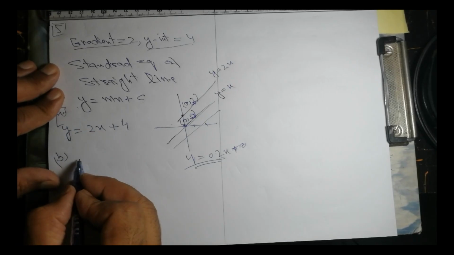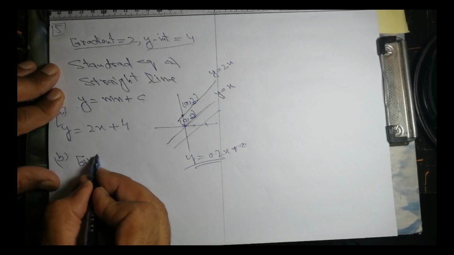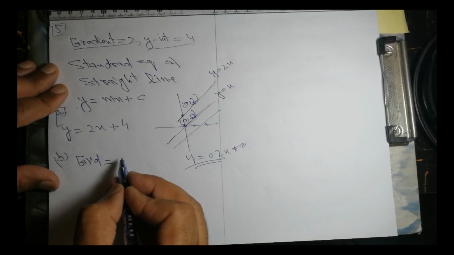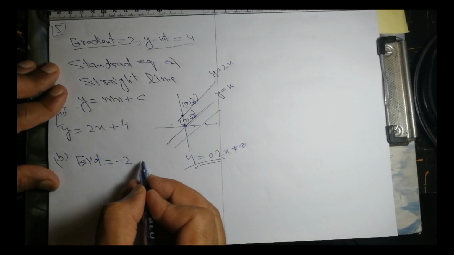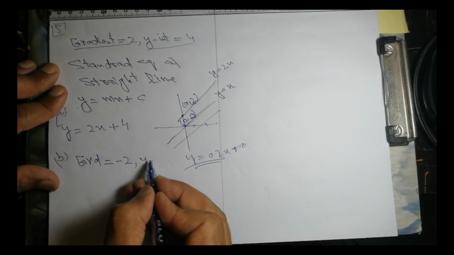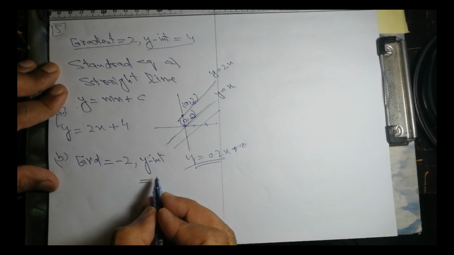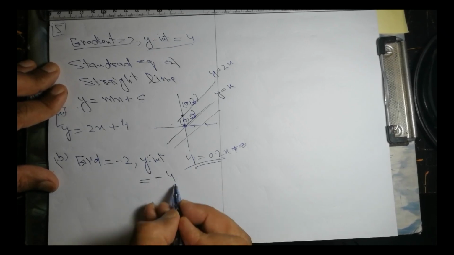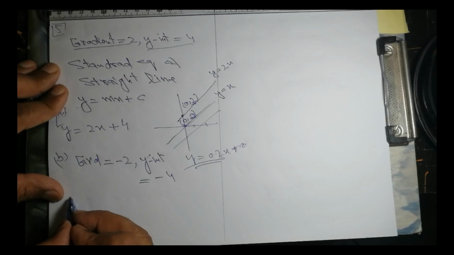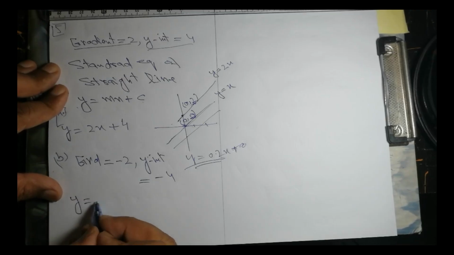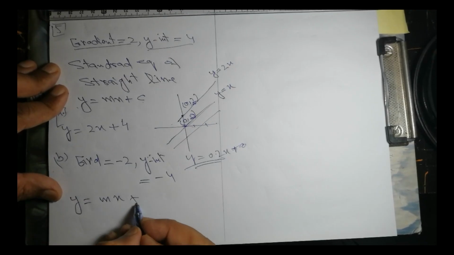Now part B. The gradient is given, that is equal to minus 2, and the y-intercept that is given is minus 4. So the standard equation is y equal to mx plus c.